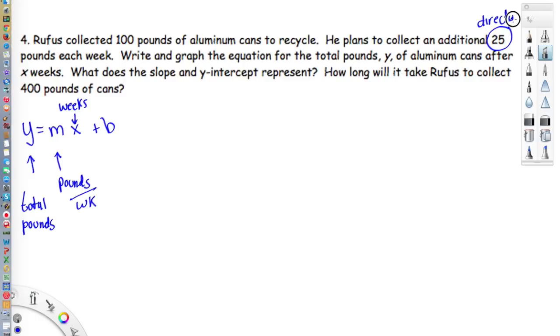And we know that we're increasing because right here we have the word collect. So we're going to have a positive slope. And 100 pounds of aluminum collected, that's what he's starting out with, at least before he starts doing his recycling plans. What we need to do is find out how many weeks till he has 400 pounds of cans.